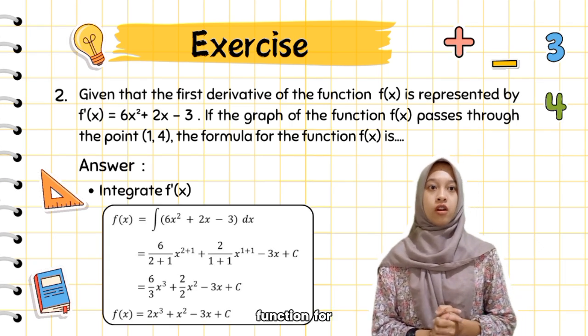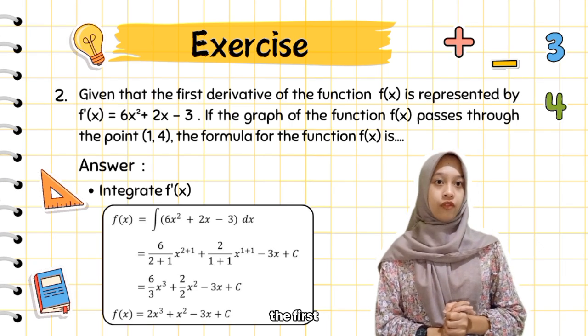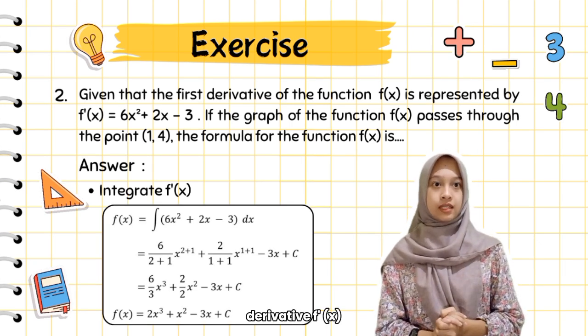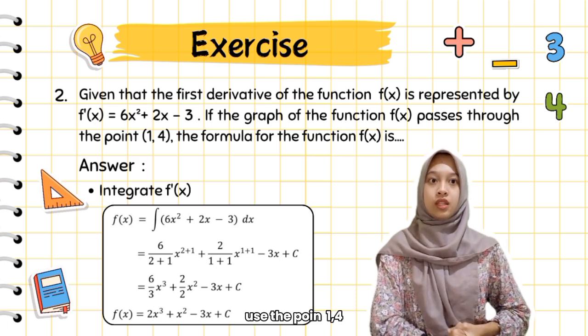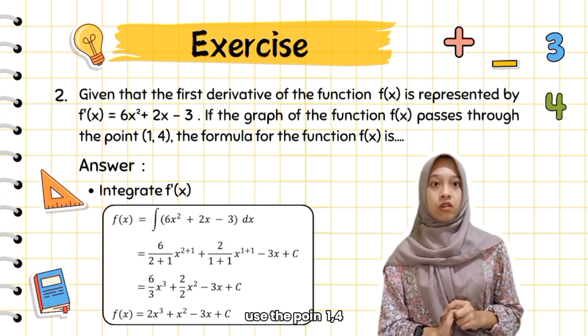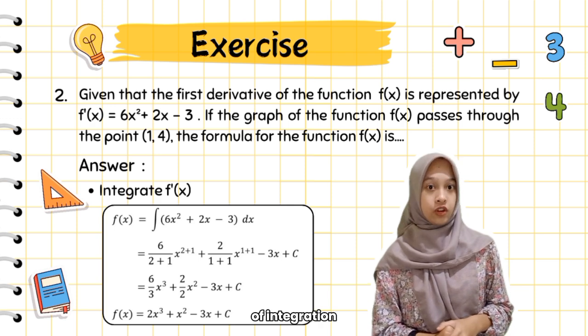To find the formula for the function f(x), we need to integrate the first derivative, f prime of x, and then use the point (1, 4) to determine the constant of integration.